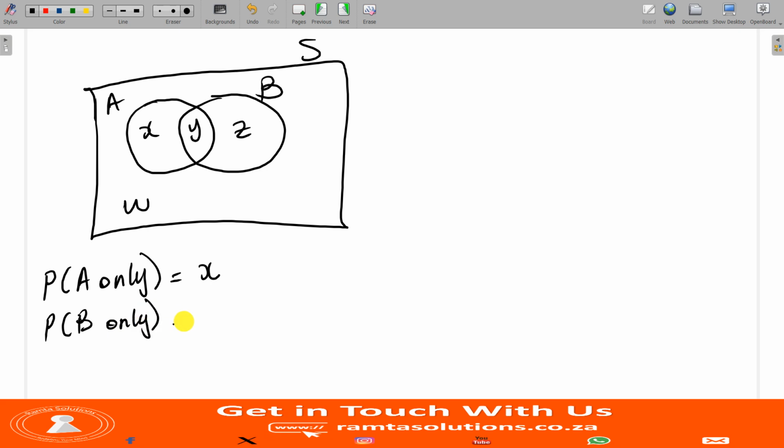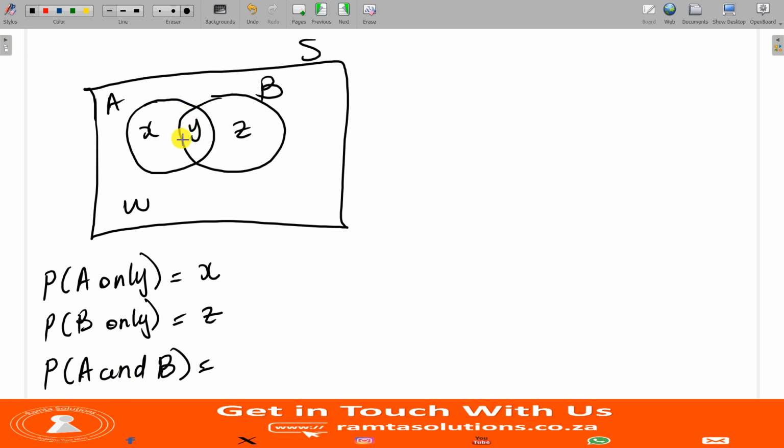B only means this part is only for B, it is not intersecting or shared with A. It'll be Z. And if they then ask you, what is the probability of A and B? A and B, the common element, is Y.